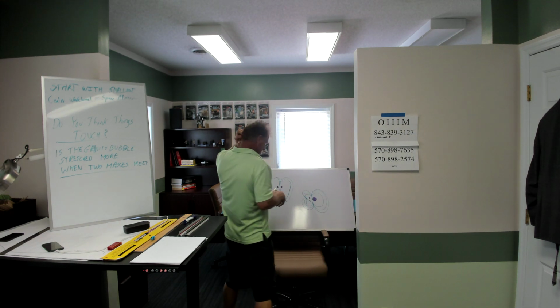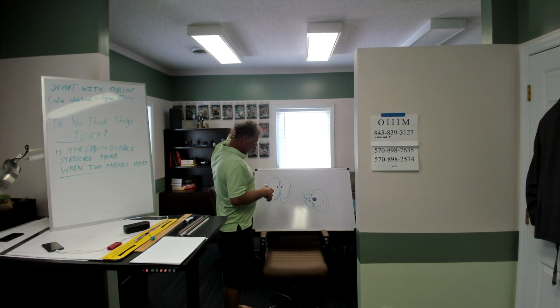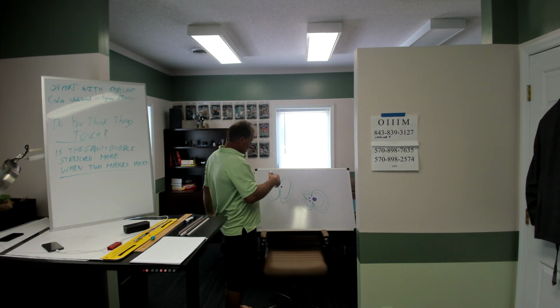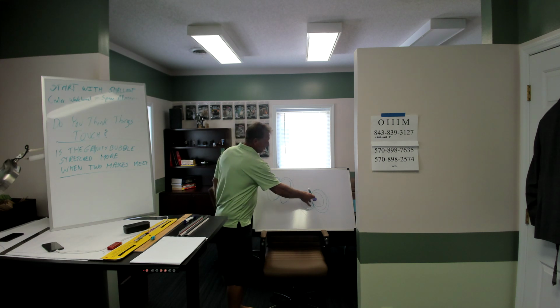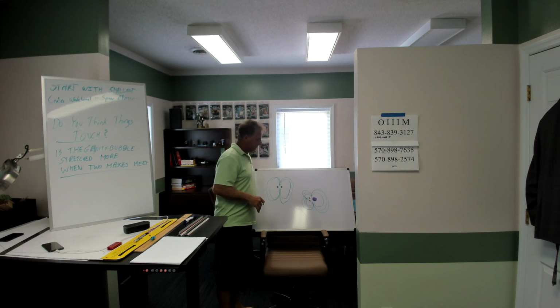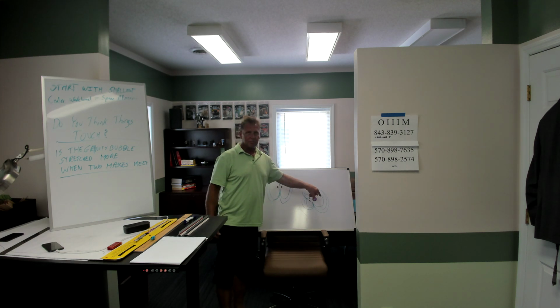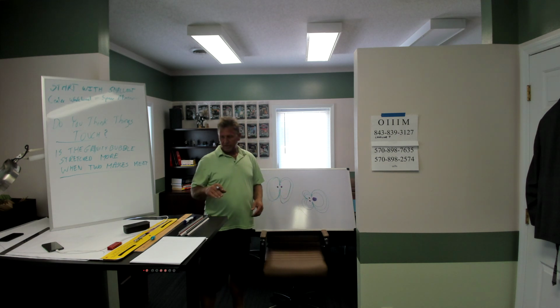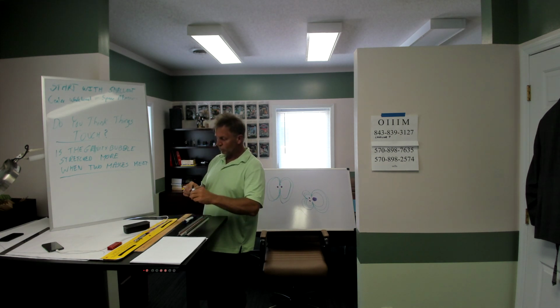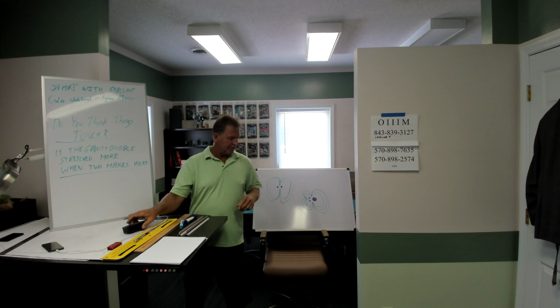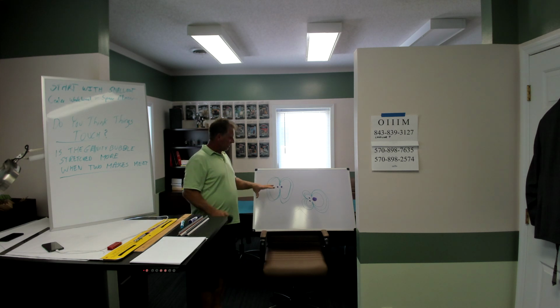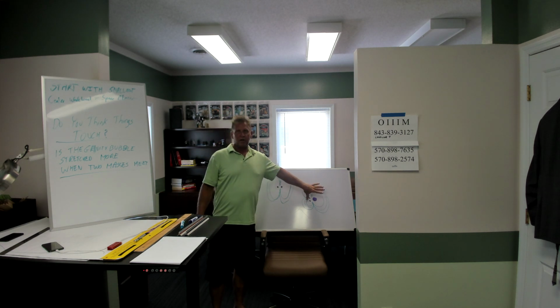All right, so now we have some alternating effects here with the gravity bubble. And here I want to say again what I think is happening. I got these lines drawn, this gravity bubble.